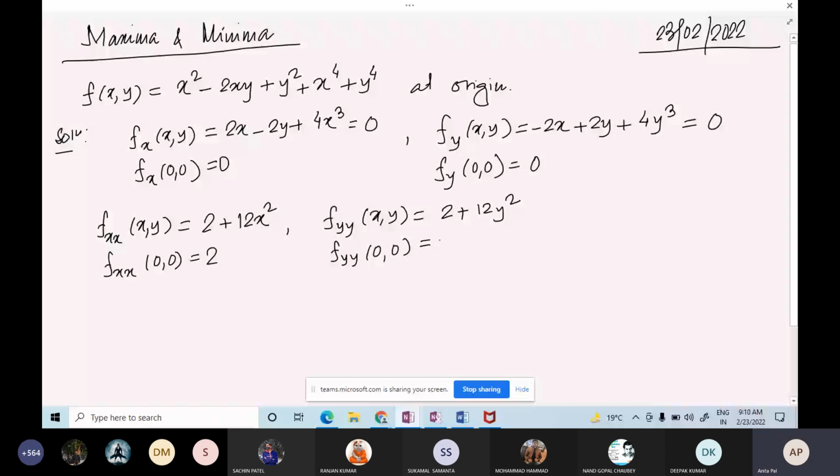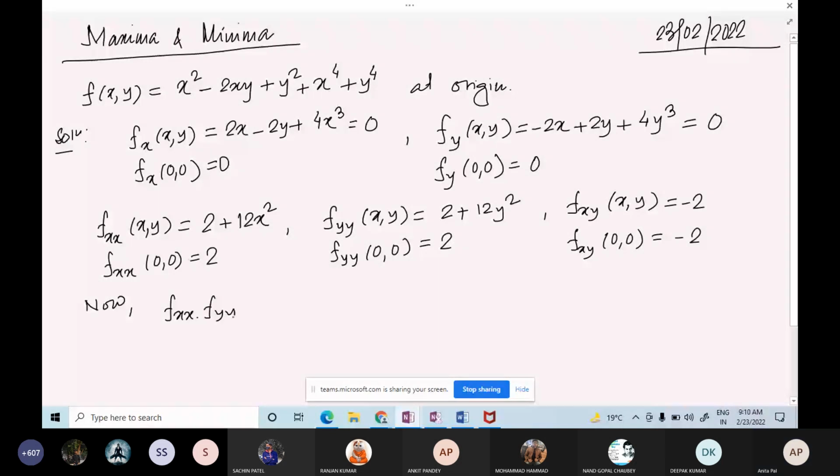Now we need fxy, which is also required. It is del y of del f del x, which is minus 2, nothing else. So fxy at the point 0, 0 is minus 2. Now we have all the values for RT minus S square. So we find fxx times fyy minus fxy square.